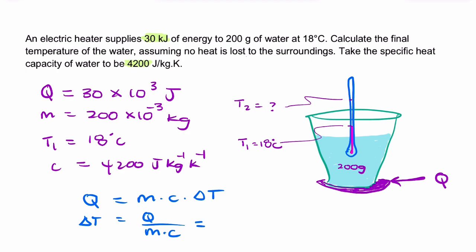So that's Q, the amount of heat that's being supplied, which is 30,000, divided by 200, sorry, times 10 to the minus 3 times 4,200.